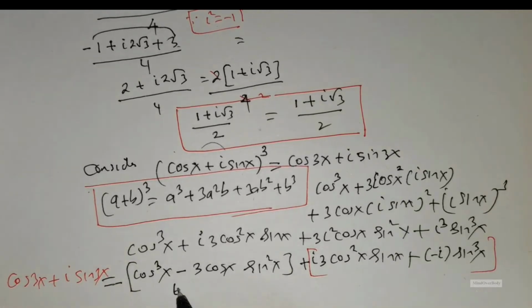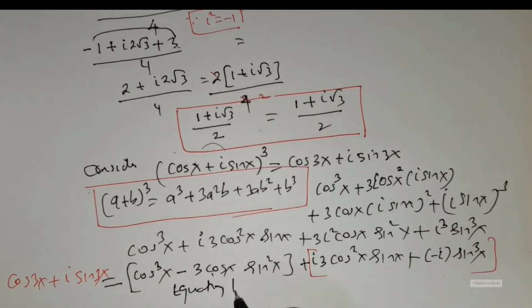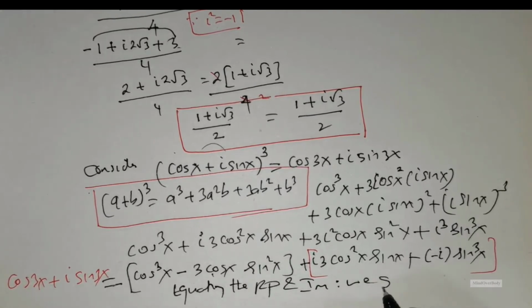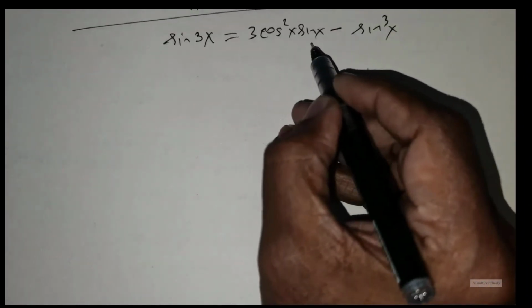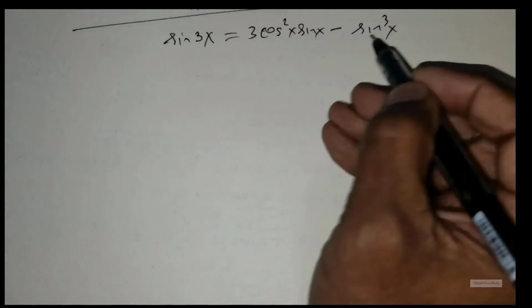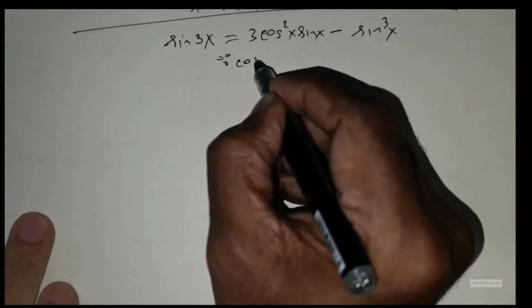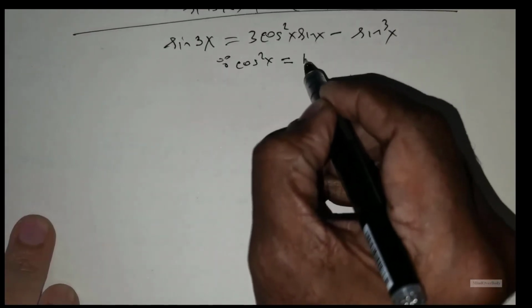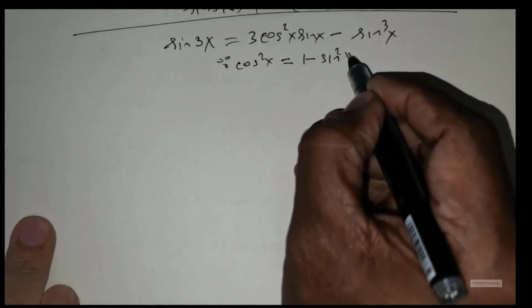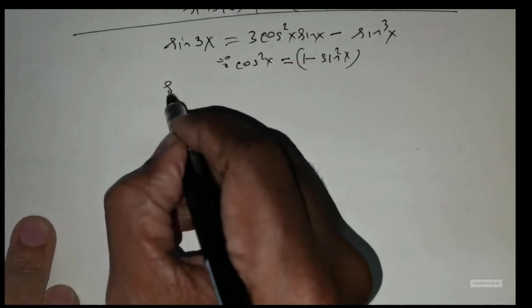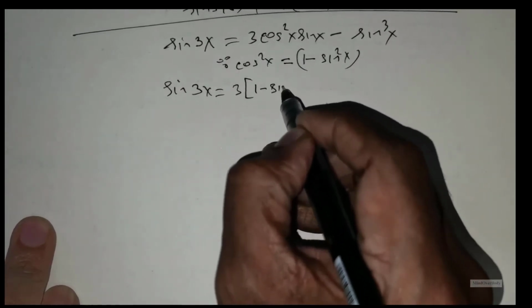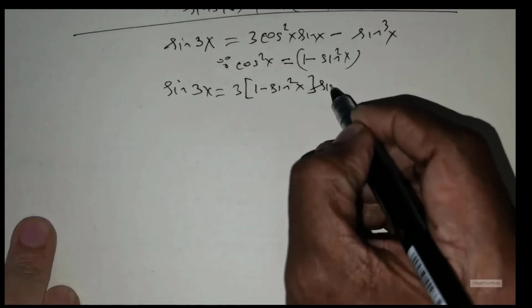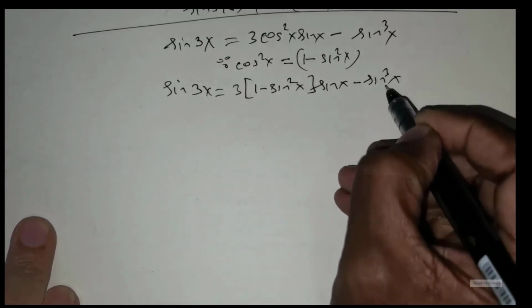So equating the real and imaginary part, we need only sine, so I would have sin 3x equal to 3 times cos squared x sin x minus sin cubed x. Now since cos squared x is equal to 1 minus sin squared x, I can use this here, and so I would now have sin 3x equal to 3 times (1 minus sin squared x) times sin x minus sin cubed x.